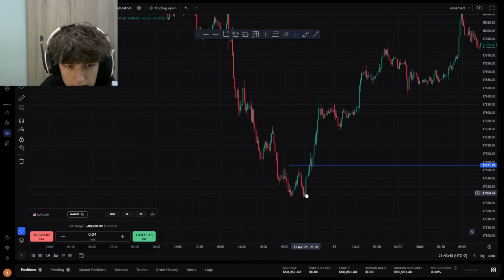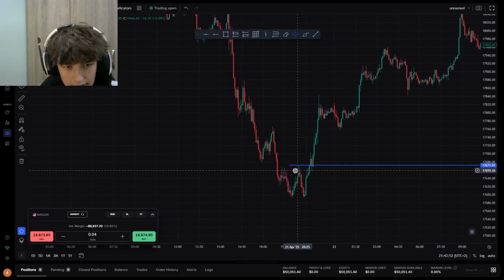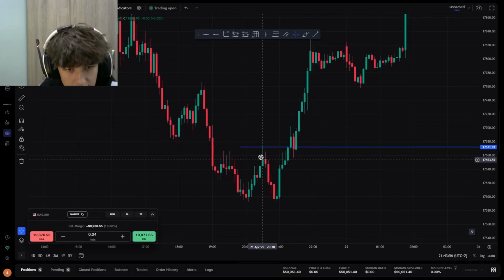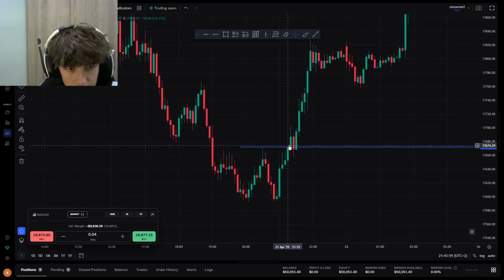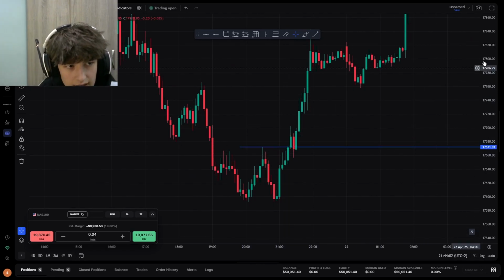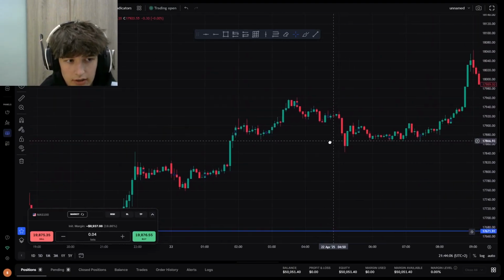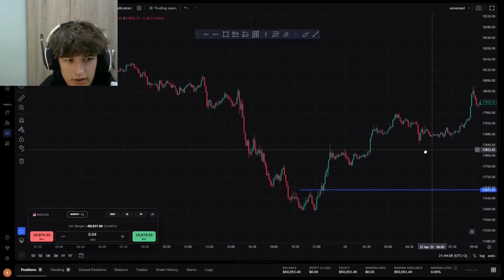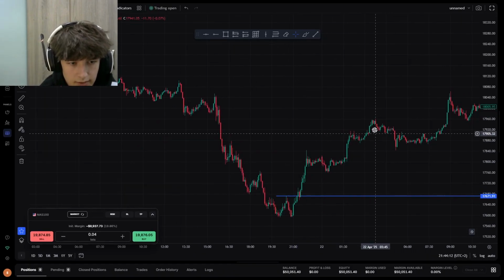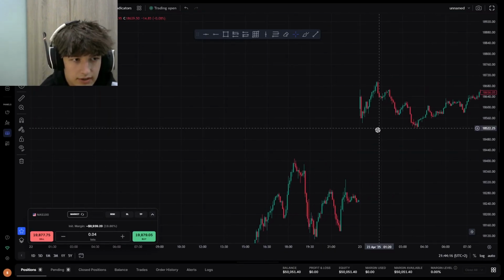So the market just starts going up, up, up, and then we get to the high right here, and then we get a break above the highs. And then what happens is we start an uptrend. Look, we start an uptrend. From this single break, we start an uptrend. Boom. This goes up until like 18K.